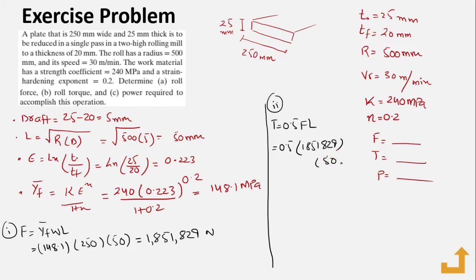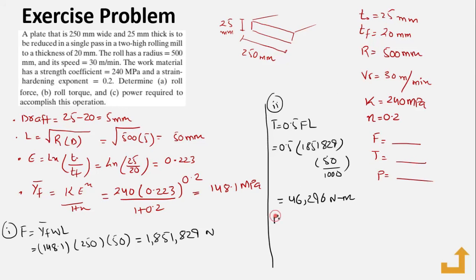So we also convert it to meters. For the standard value, we will divide by 1000. So the torque value would be equals to 46296 Newton meter, right?